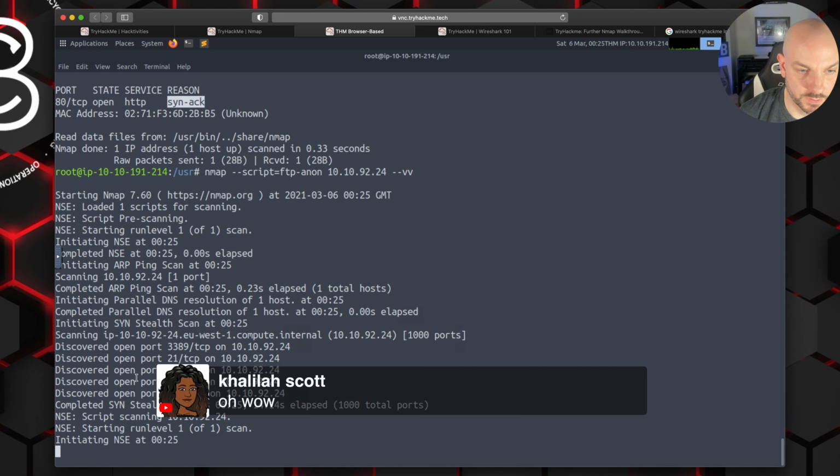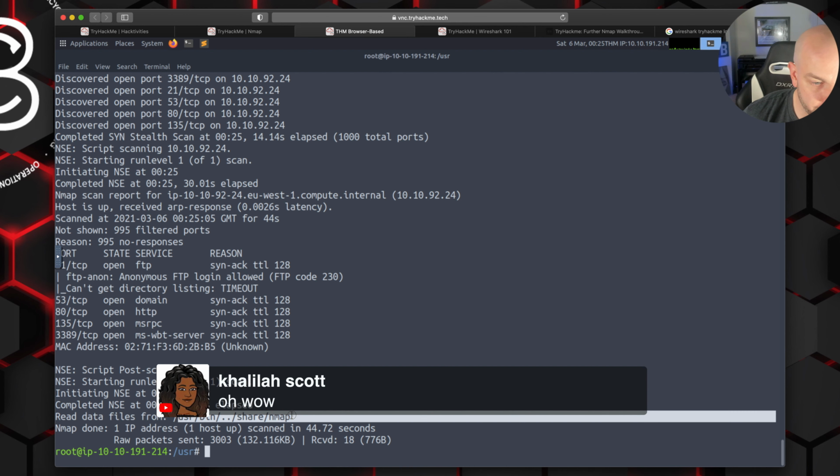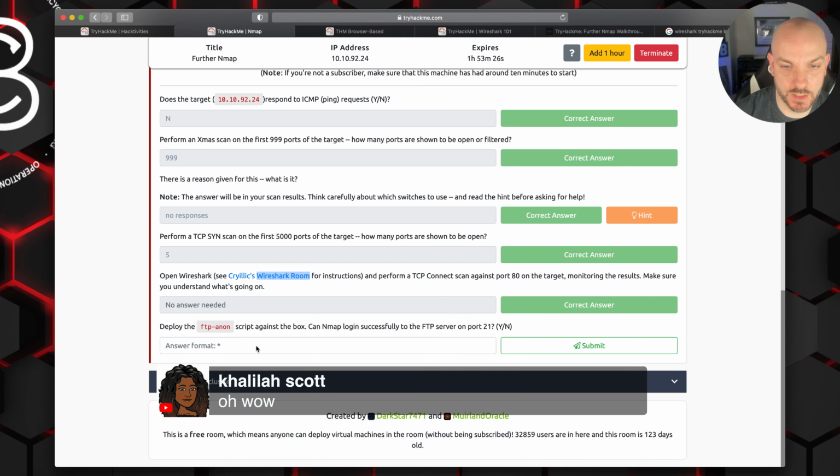Yes. So it went through discovery, then it started the Nmap Scripting Engine, so it's going to do that script that we called there. And it was able to read files from there. Cool. Okay, so the question was, can it log in?